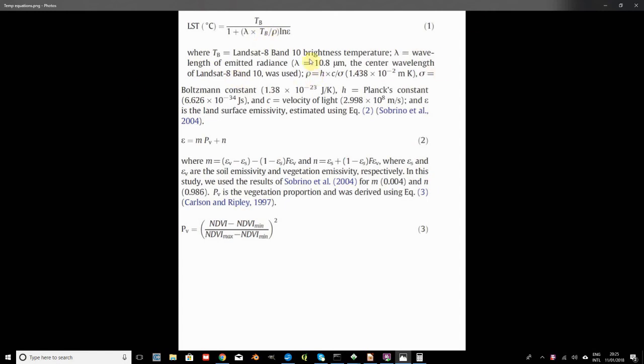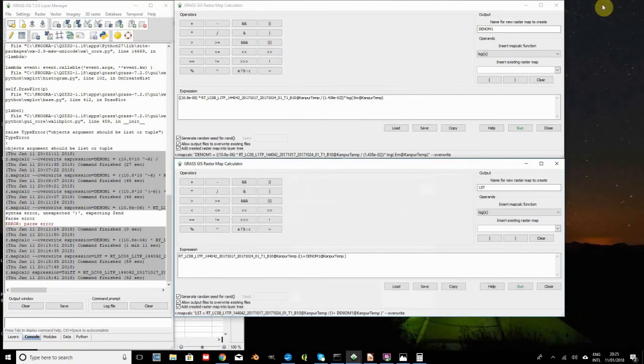We've got the value of rho, 1.438 times 10 to the minus 2, and the central wavelength of band 10. Remember, these are microns, so we have to put a 10 to the minus 6 on that. Then it's a fairly simple equation. I've called this denominator. You can see the equation, and you have to be careful. In GRASS, if you want scientific notation, it's a lowercase e with 2 decimals, so it's preferable to put the minus 6 in this case.